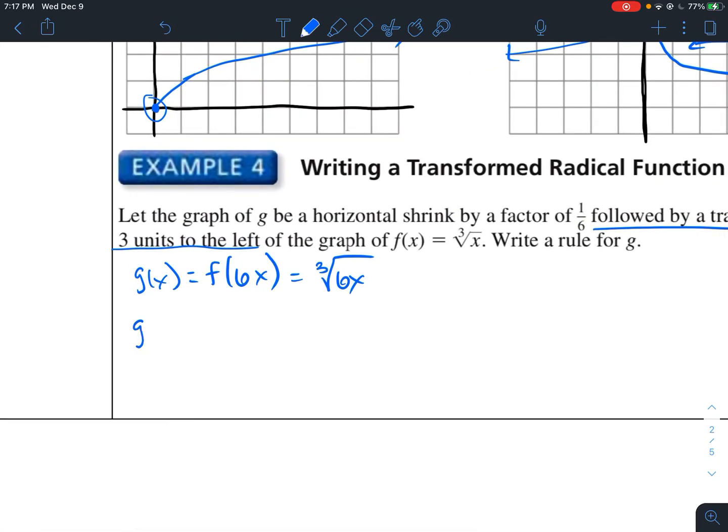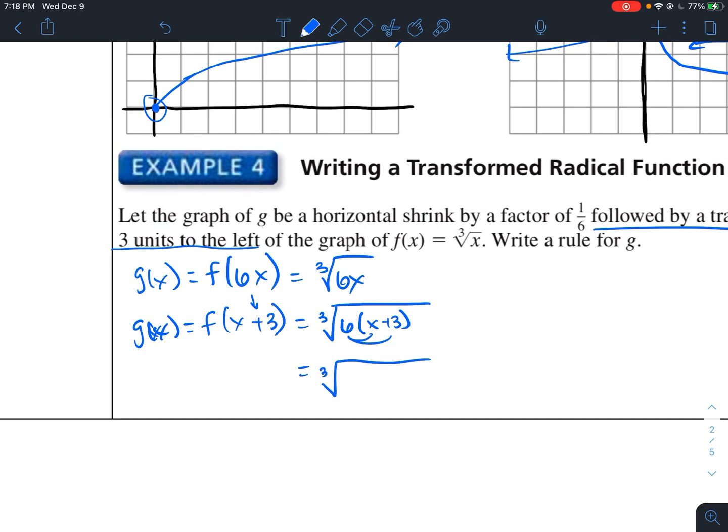So then we're going to do g of x is equal to f of x plus 3. So we're going to input x plus 3 into our new function. We have the cube root of 6, and instead of x, we're writing in x plus 3. We can simplify this by distributing the 6 in there. So the cube root of 6x plus 18.